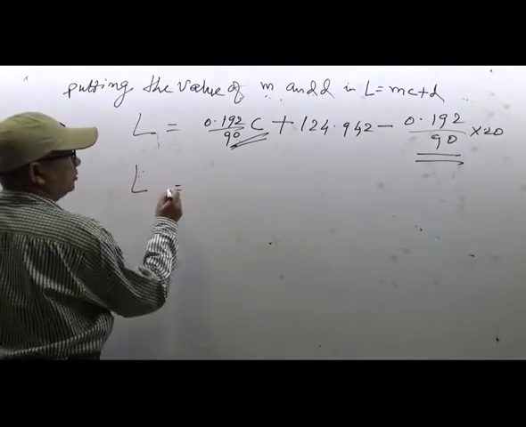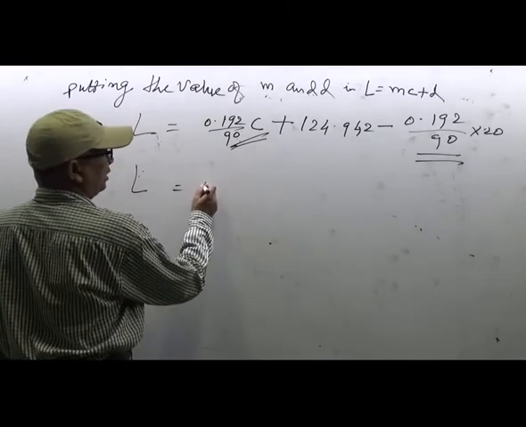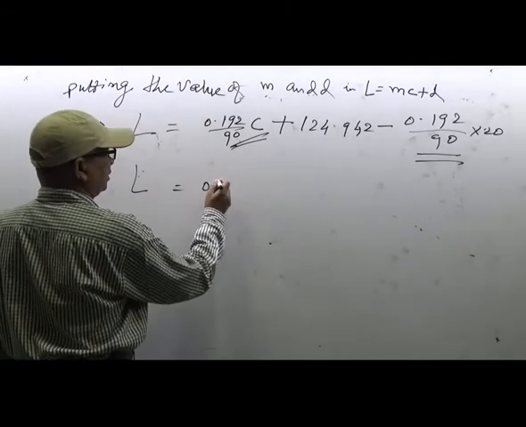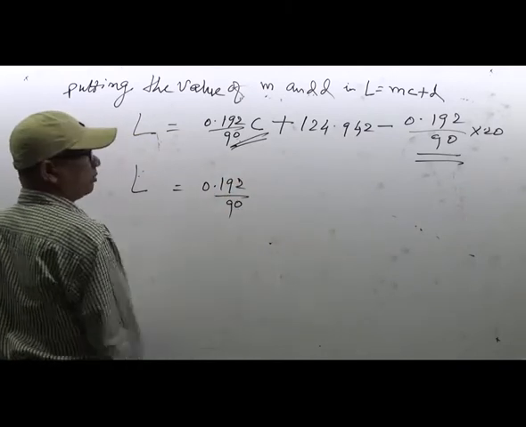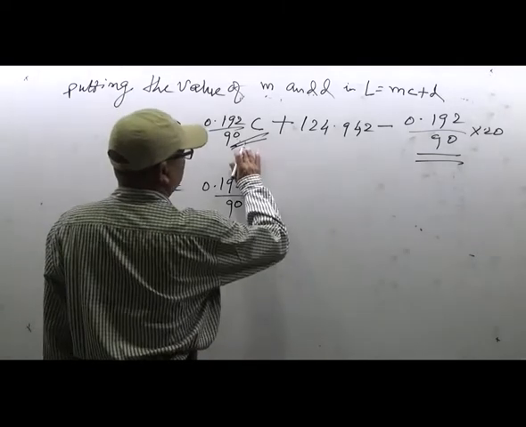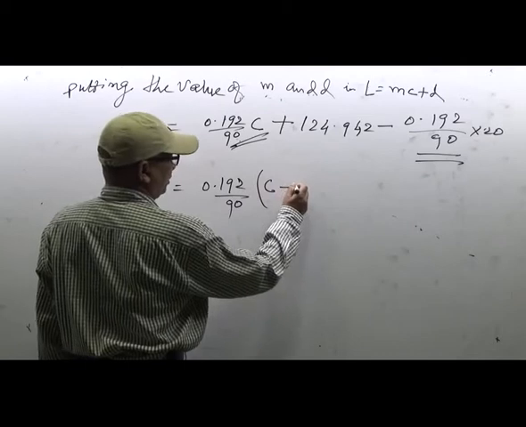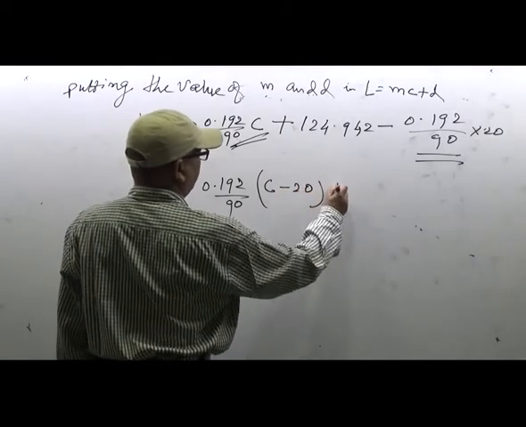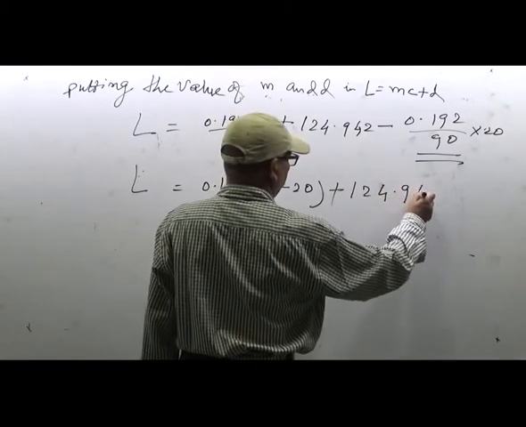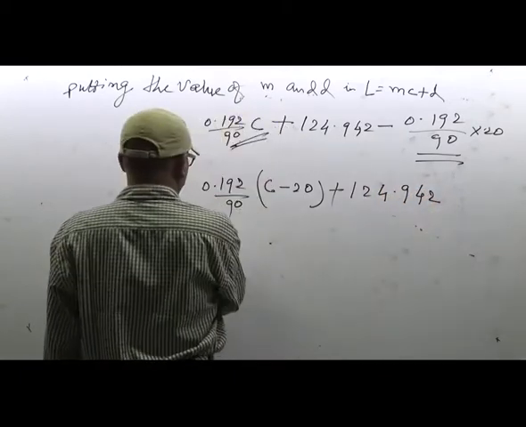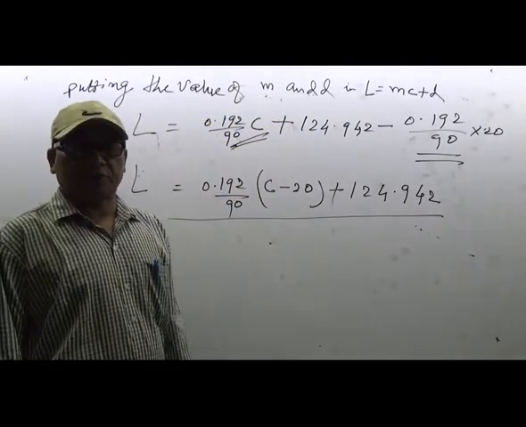Therefore, L is equal to 0.192 by 90 as common from first and last term. This gives (C minus 20) plus 124.942. This is the required answer of this question.